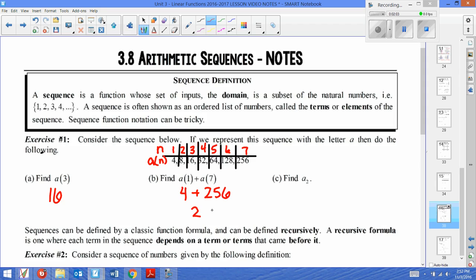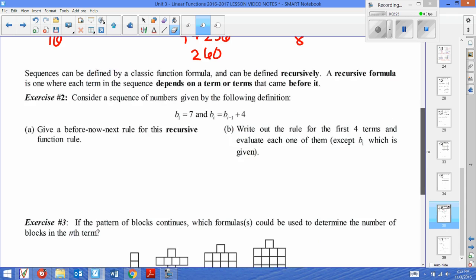So 4 plus 256 is 260. Then A sub 2, so I input 2 and I get out an 8. Remember, this is just asking the same thing that A, B, and C were asking. It's just written in a different way. So that's just a quick little recap of how sequences work.